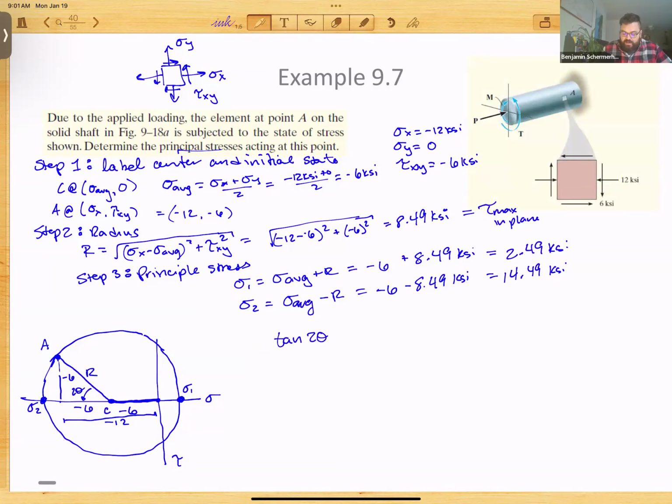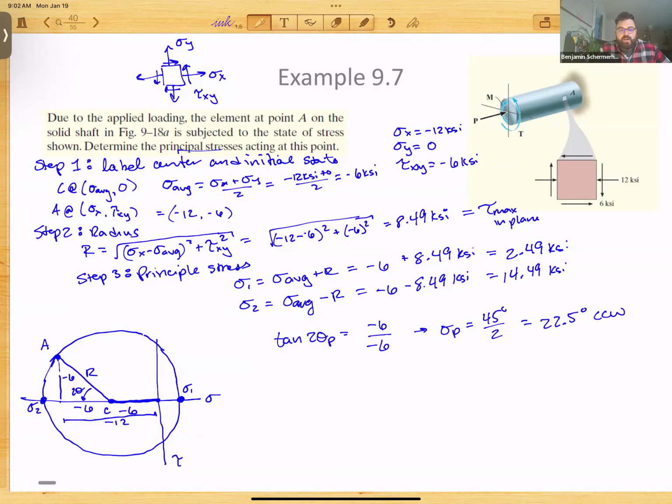Tangent of 2 theta p is going to be the opposite, so we've got -6 over the adjacent, which is also -6, which is going to then give us 2 theta p as 45. So 45 degrees over 2 is going to be 22.5 degrees counterclockwise.